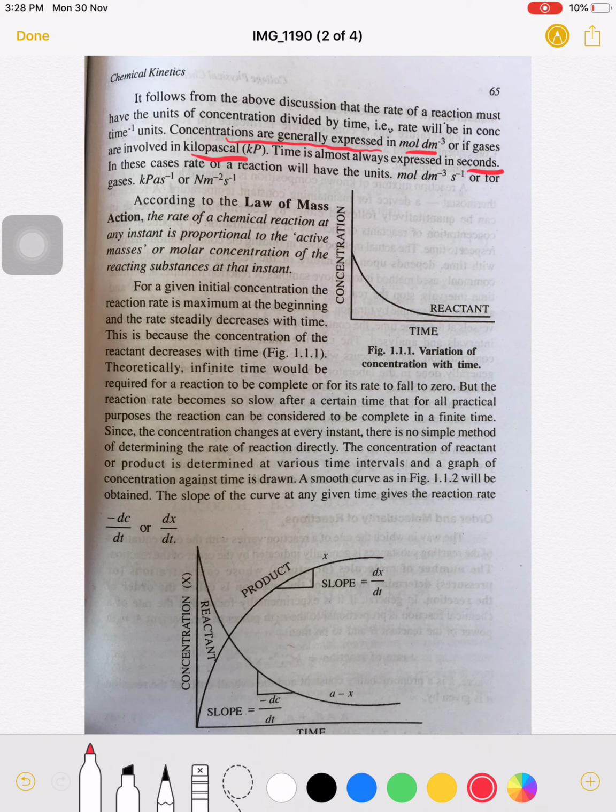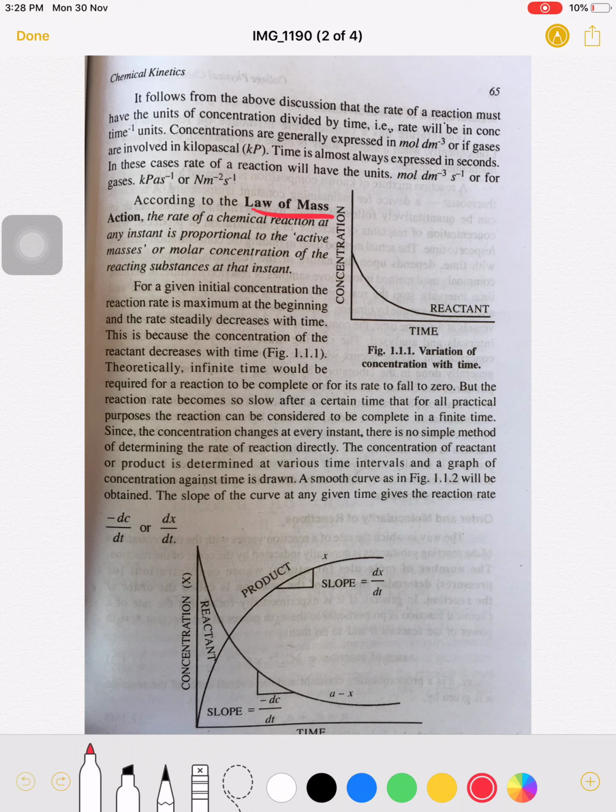So in this case, rate of reaction will have the units mole per dm cube per second, or in case of gases, kilopascal per second, or Newton per meter square per second. So these are the units for the rate of reaction.